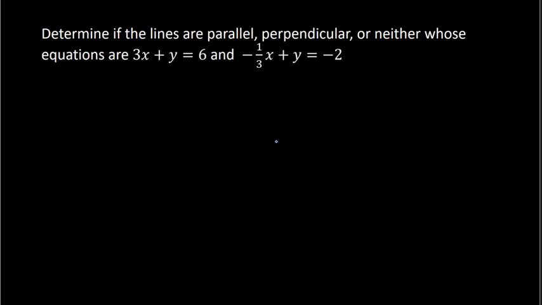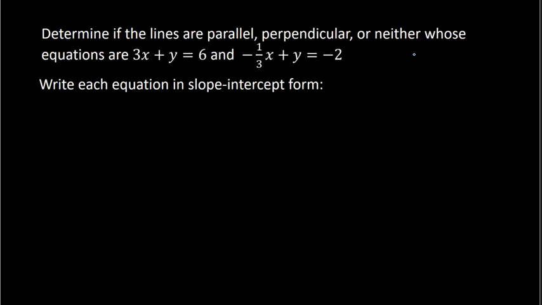One more example like that, we have 3x plus y equals 6, and negative 1/3 x plus y equals negative 2. And again, we are to determine what type of lines we have, if they're parallel, perpendicular, or neither. So again, I must rearrange and write the equation in slope-intercept form.